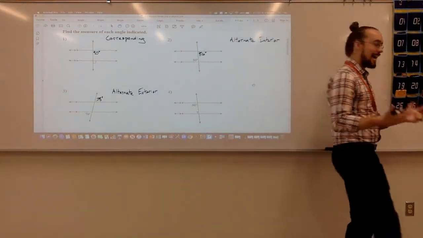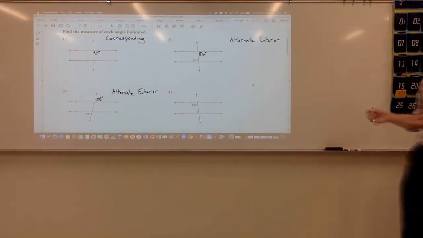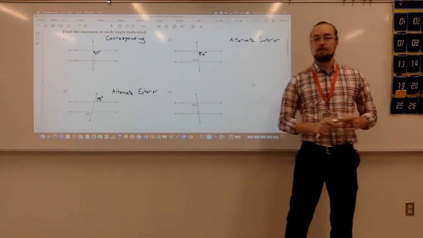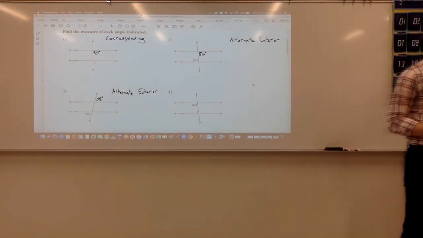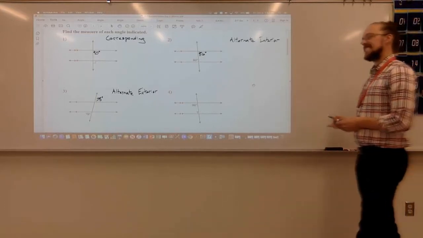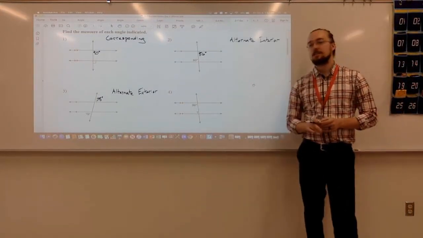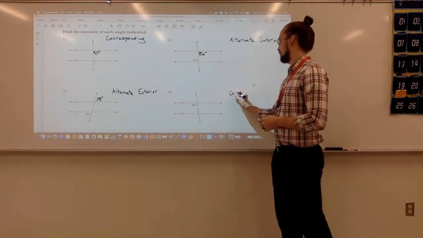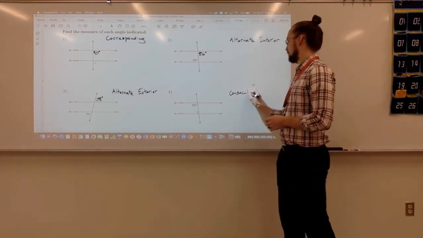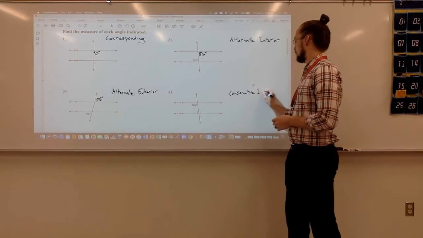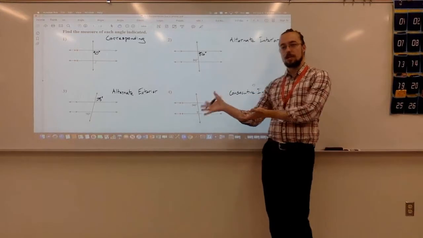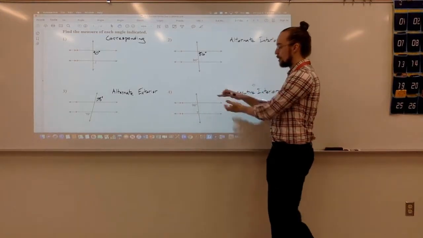And then the last relationship that we talked about, what would the name of this relationship be here? Consecutive interior. Consecutive means on the same side, interior on the inside.